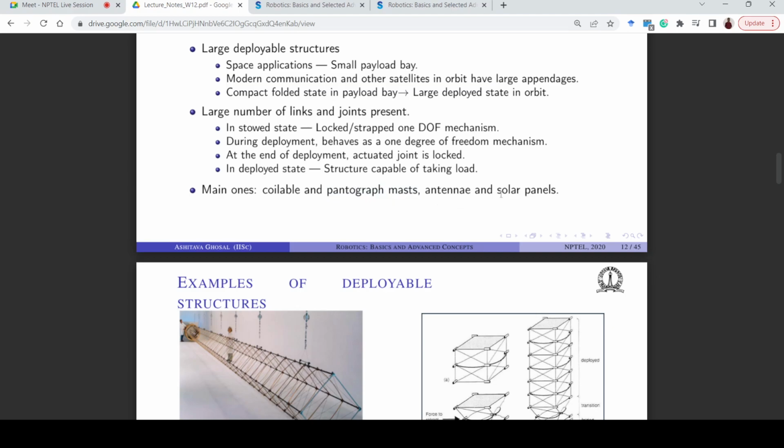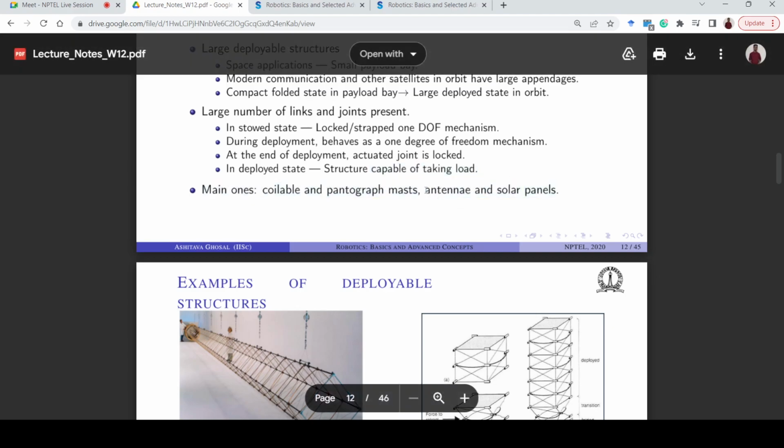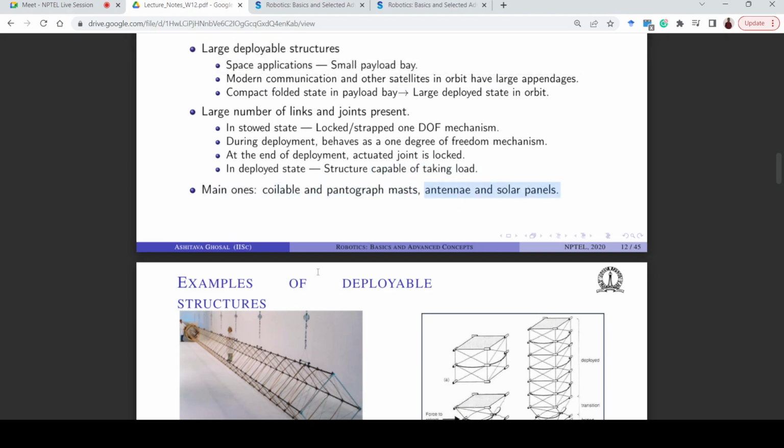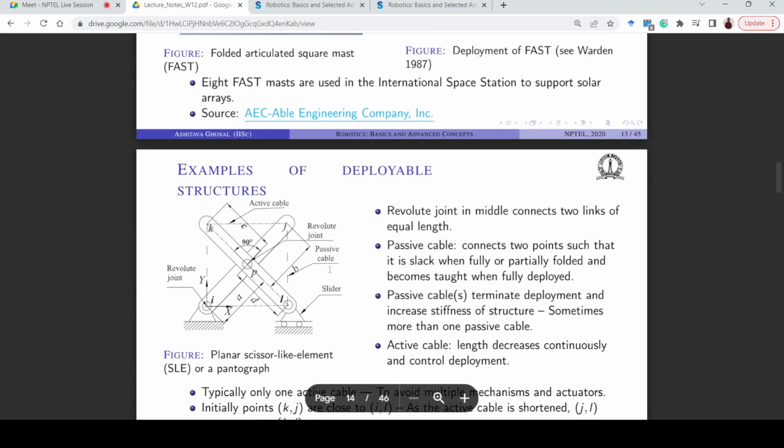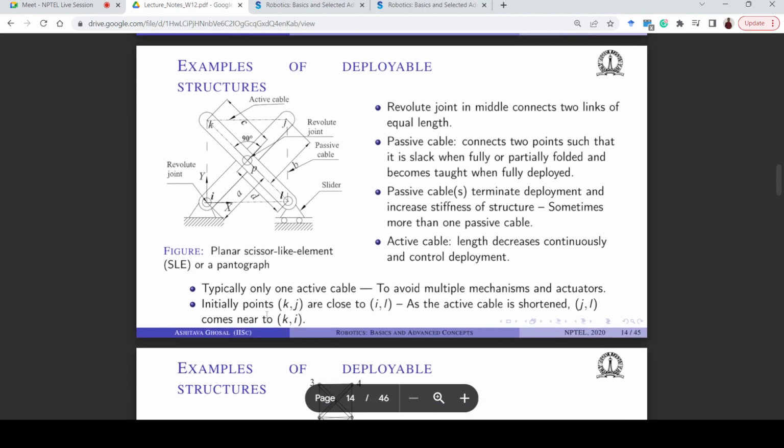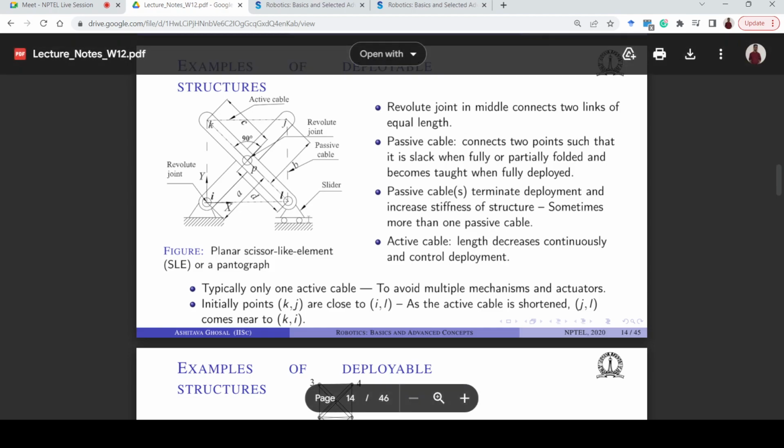Antenna and solar panels, and again we discussed both of these. So this is the pantograph mechanism that we were talking about. At one end it is just a revolute joint that is grounded, and at the other end it is a revolute joint that can slide on the ground.